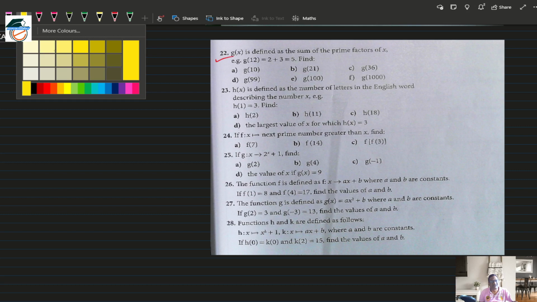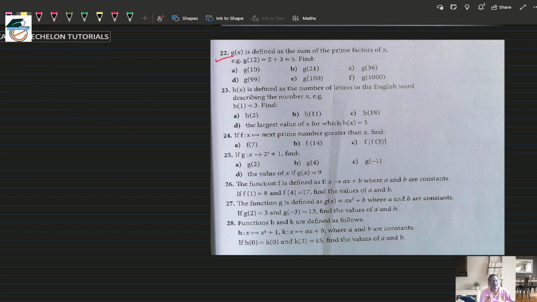Let me choose this yellow ink. Yeah, that should be okay. So question number 22. Yeah, that's it.